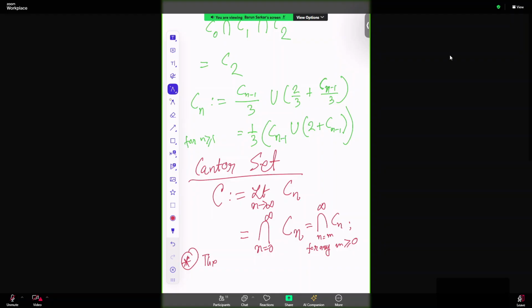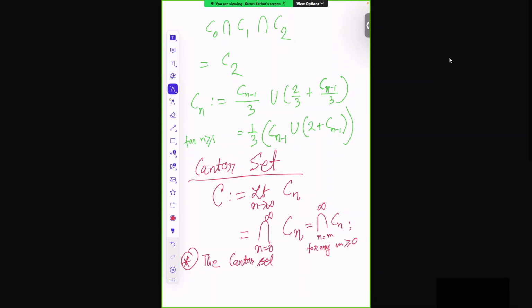the Cantor set contains all points in the interval [0, 1] that are not deleted at any step in the infinite process.